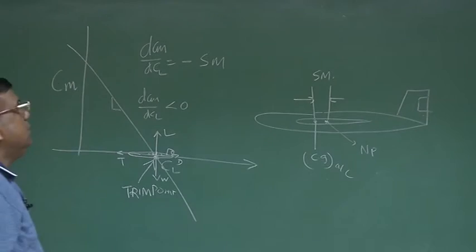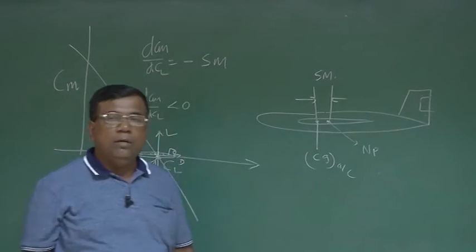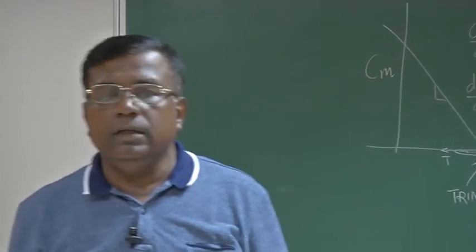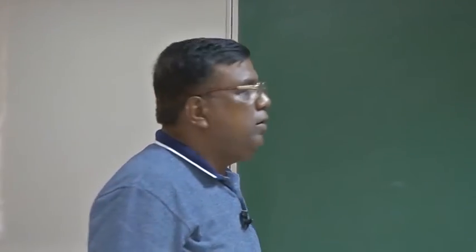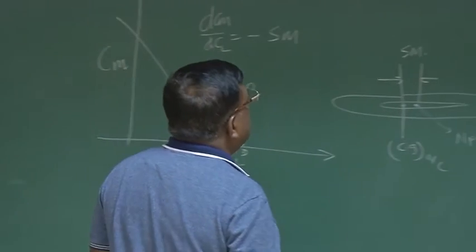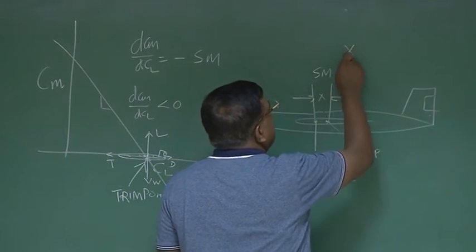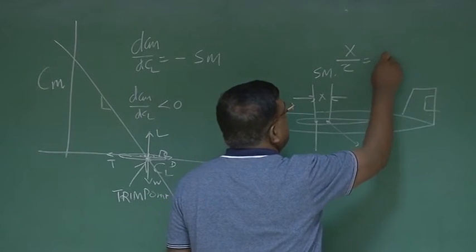Static margin is expressed in a non-dimensional form, and you know that we non-dimensionalize static margin by mean aerodynamic chord. That is, if this distance physically is x, then x by c bar is static margin.